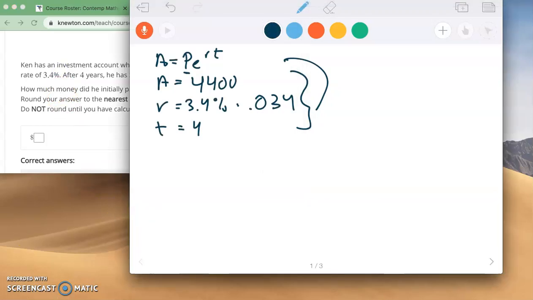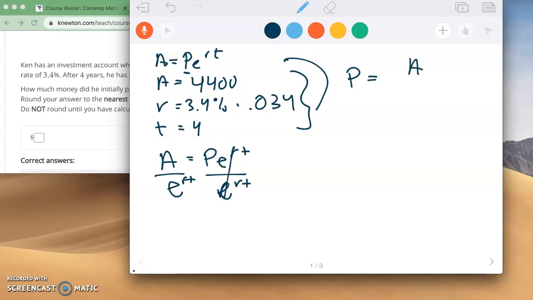So I think it might be better in this situation. Let's solve for P here. We're just going to divide both sides by e to the RT. So now we have P equals A over e to the RT.